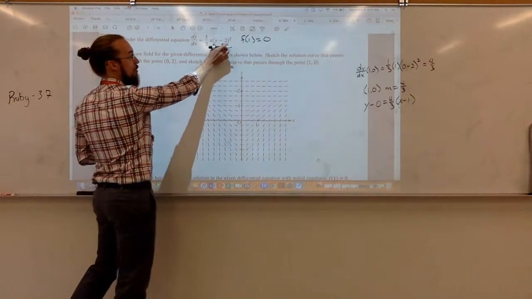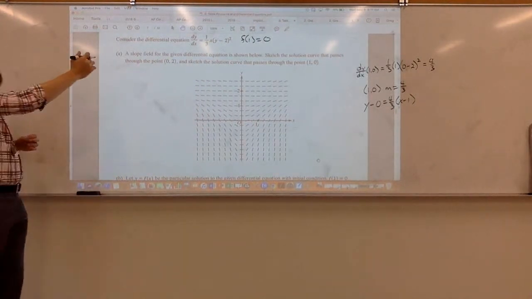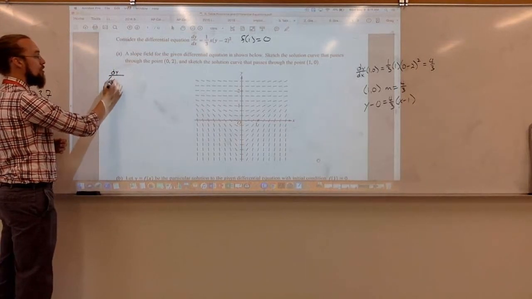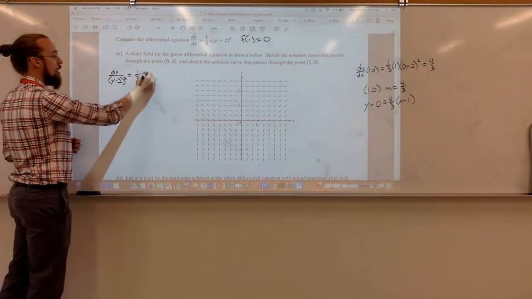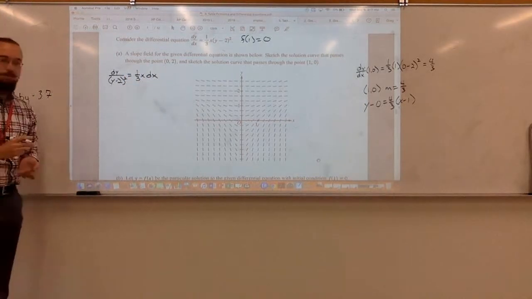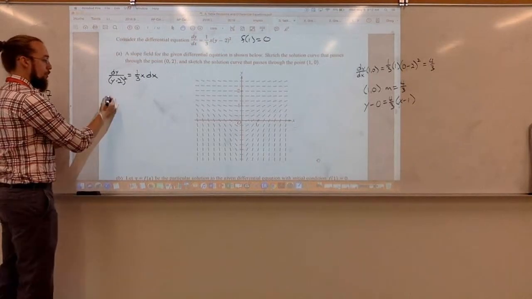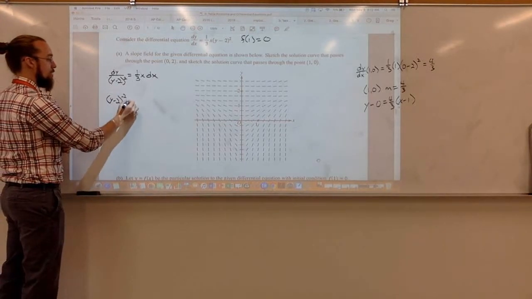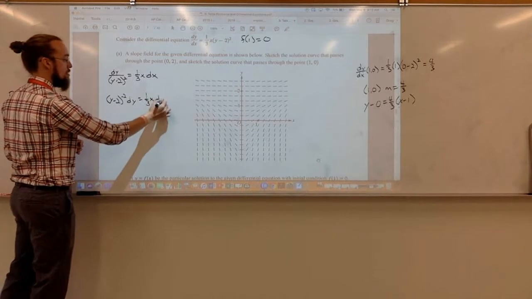So I'm going to divide both sides by (y minus 2) squared and then multiply the dx over. So I end up with dy over (y minus 2) squared equals 1/3 x dx. Now, I'm going to rewrite this as (y minus 2) to the negative second power dy equals 1/3 x dx.